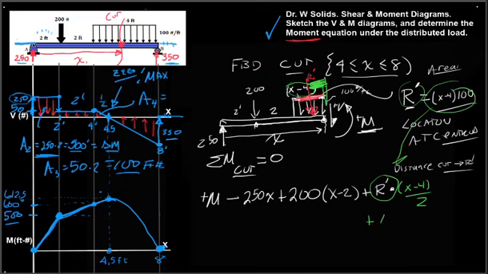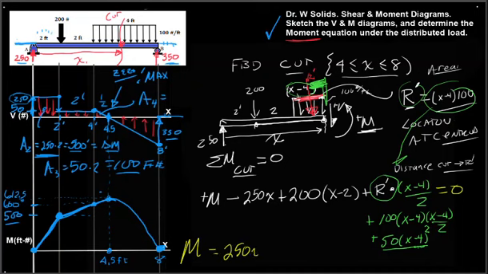So this term becomes 100 times X minus 4 times X minus 4 on 2, or 50 times X minus 4 squared. Now don't expand that, leave that like that. And with that we have our answer. The moment, this is all equal to 0. So the moment is equal to 250X minus 200 times X minus 2 minus 50 times X minus 4 squared.